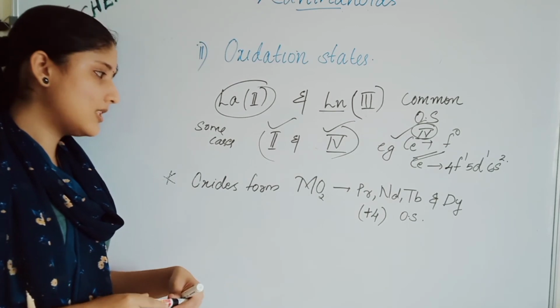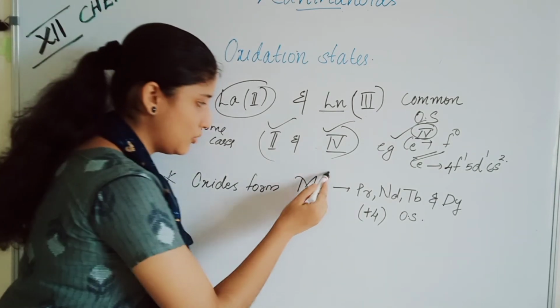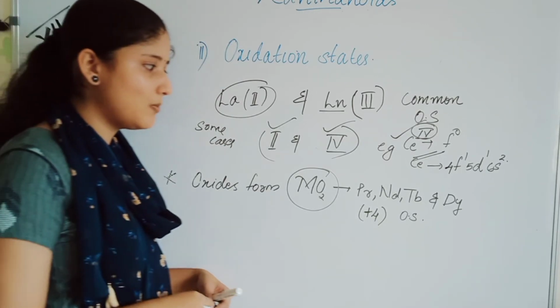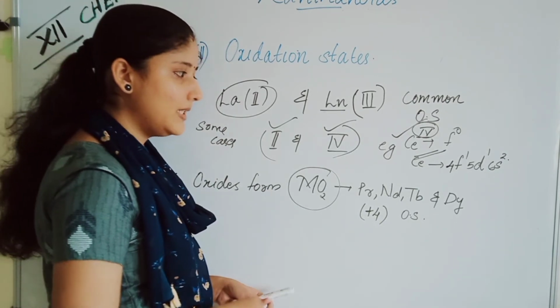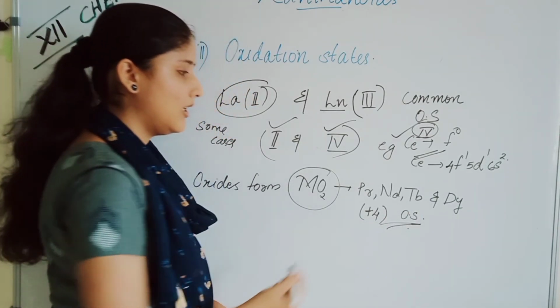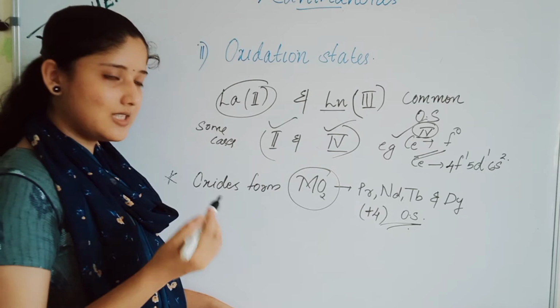Next, oxides of the form MO2. In oxides of the form MO2, the lanthanoids like praseodymium, neodymium, terbium and dysprosium show the +4 oxidation state. This is another exception.